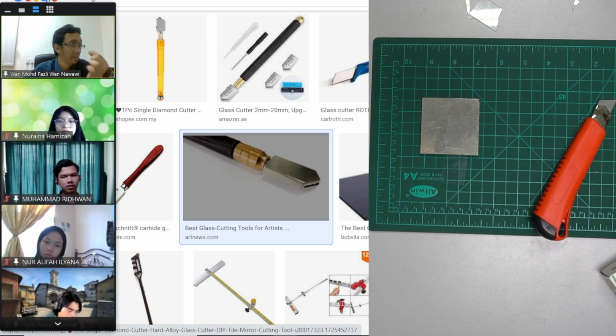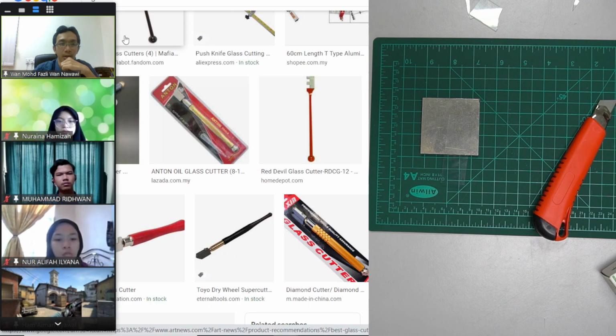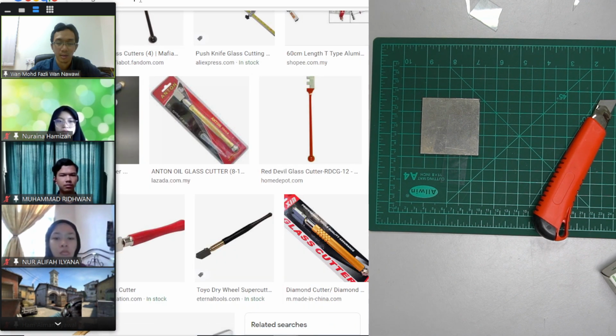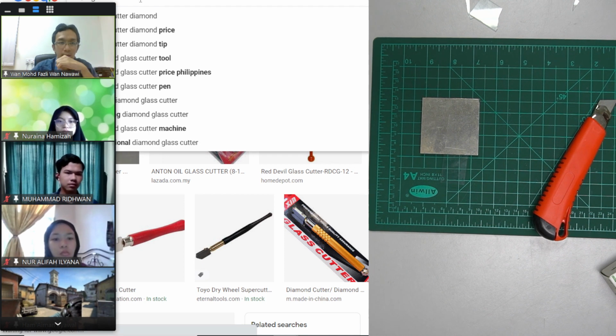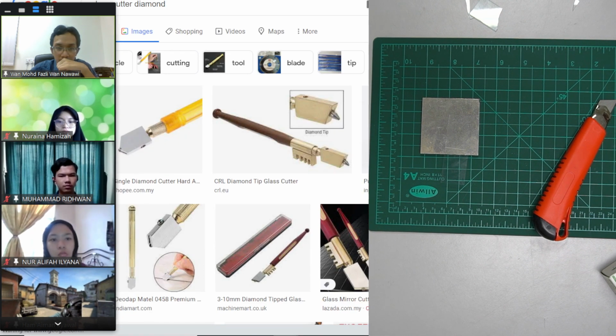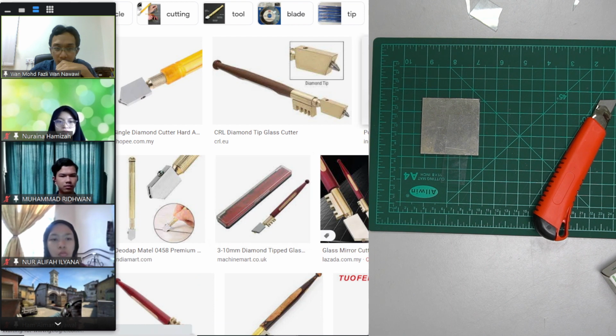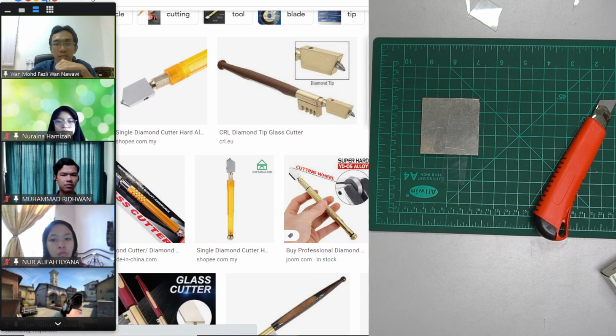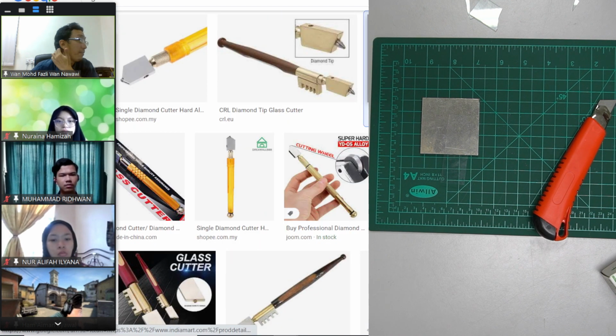There is some sharpness, but the most important thing is hardness. Normally they use tungsten carbide or diamond. A glass cutter diamond. Even the diamond, you can see there is something, but it's not super sharp. It's just hard. Remember, there is a difference between sharp and hard.